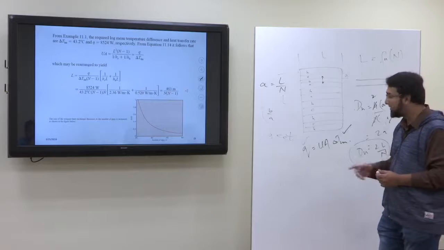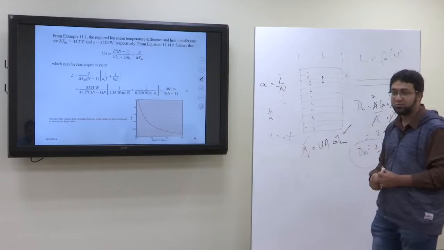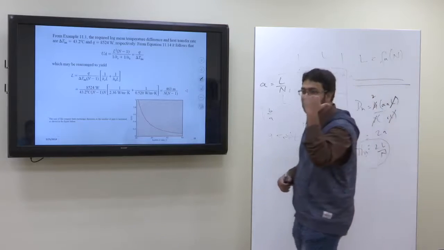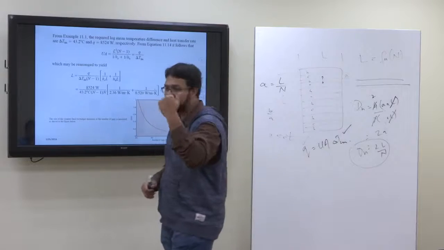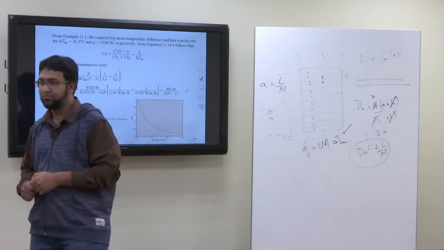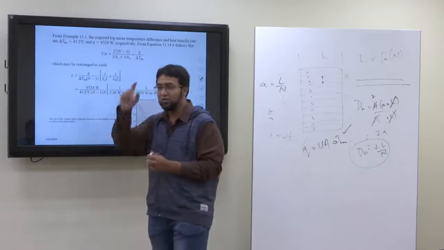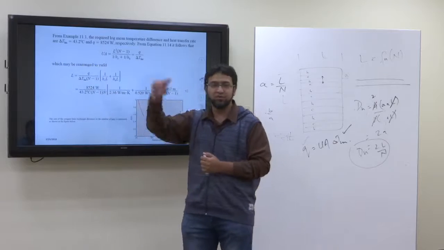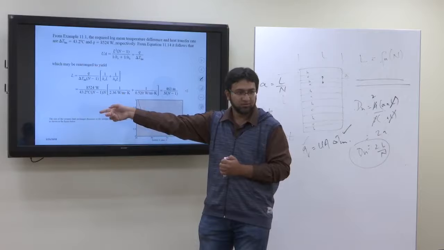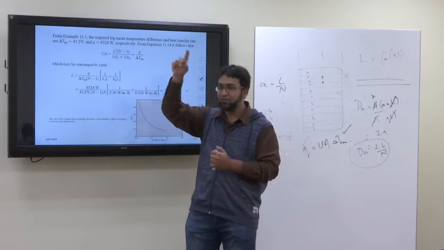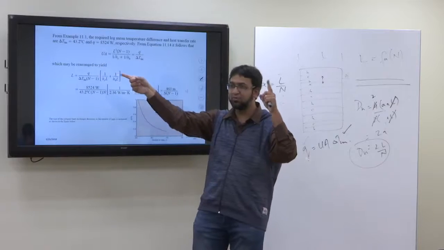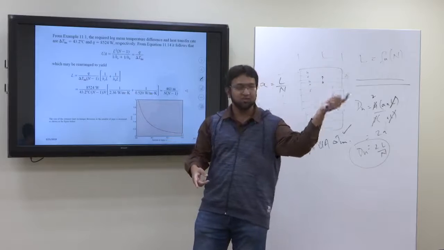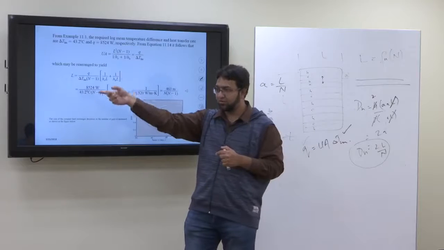We did not find Q and delta T Lm in this question, but we did it in the last question, and it's going to be the same procedure. You have the hot inlet, the hot outlet, the cold inlet, the cold outlet. Because you know the hot inlet and hot outlet, find out first what is the Q. Then the same Q will apply for the cold inlet and cold outlet.